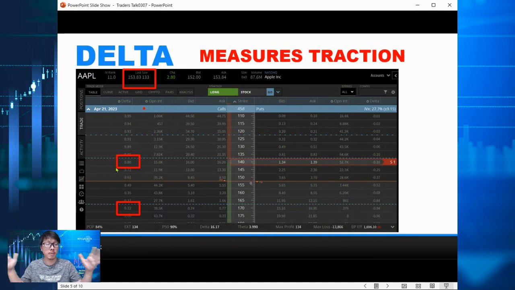Don't forget, when you do options, you also need to think of time. You don't have enough time. If you're doing 45 days, you want to go to the finish line or your target price as fast as possible. And with that, you want to go into a trade with high traction, or with high delta.